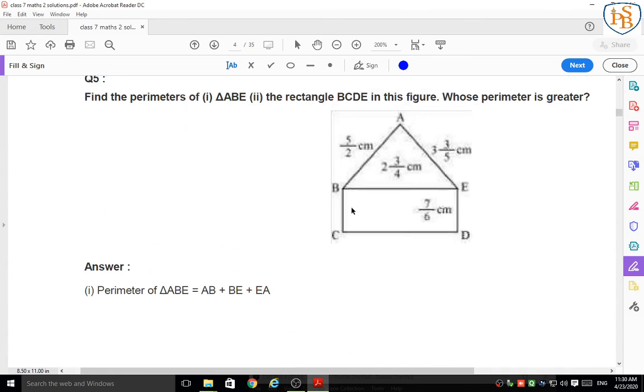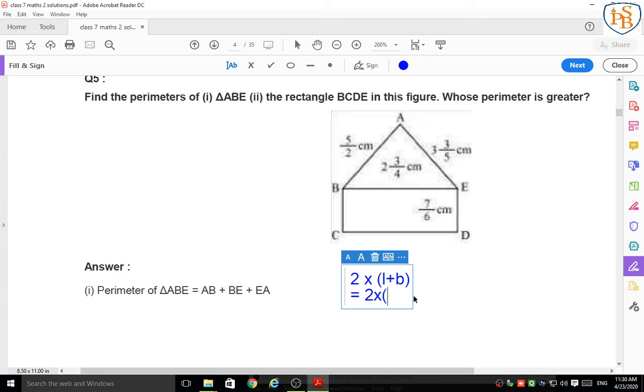And what will be the perimeter of this rectangle? Look at here, what is the formula? 2 into in bracket L plus B, bracket close. So equal to 2 into in bracket, what is the L? Length is 2 and 3 upon 4.